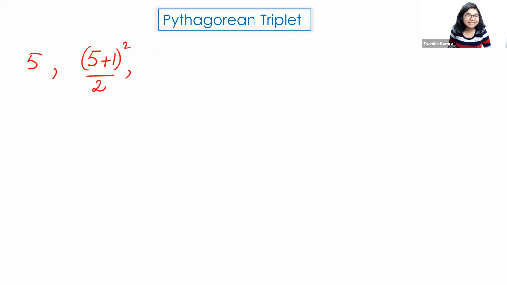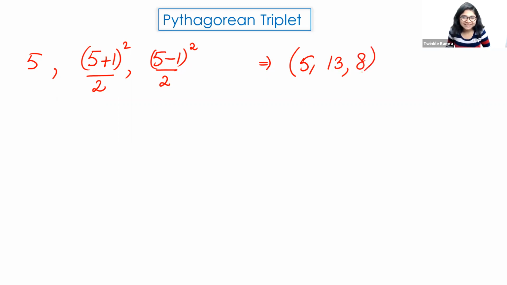And in fact, you subtract 1, you square it, and then you divide by 2. What do you get? 5 plus 1, 6. 6 square is 36. 36 upon 2 is how much? 18. 5 minus 1 is 4. 4 square, 16. 16 upon 2 is how much? It's 8. Right?